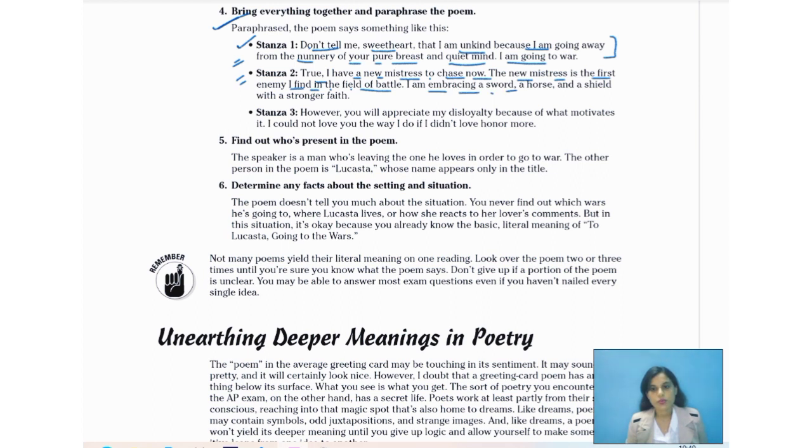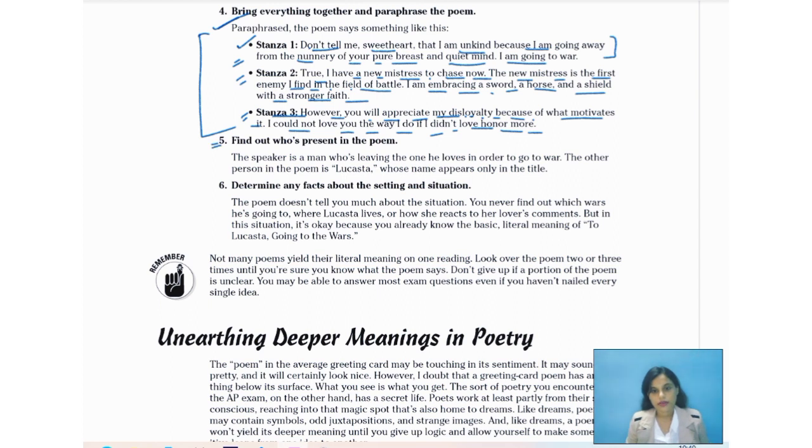I'm embracing a sword, a horse, and a shield with a stronger faith." Stanza 3 says, "However, you will appreciate my disloyalty because of what motivates it. I could not love you the way I do if I didn't love honor more." So this is how the stanzas come across in simple language. This is how you can frame a summary and have an idea of each of the poems.